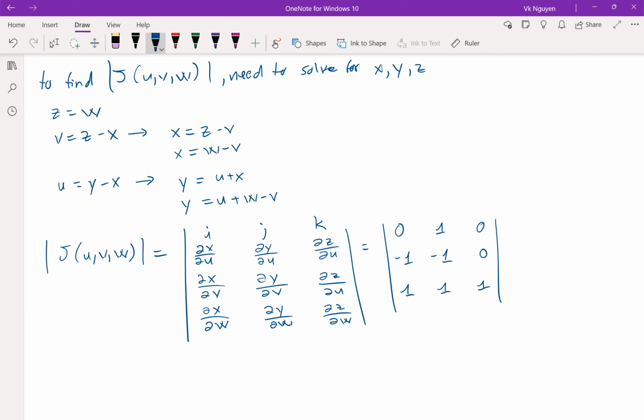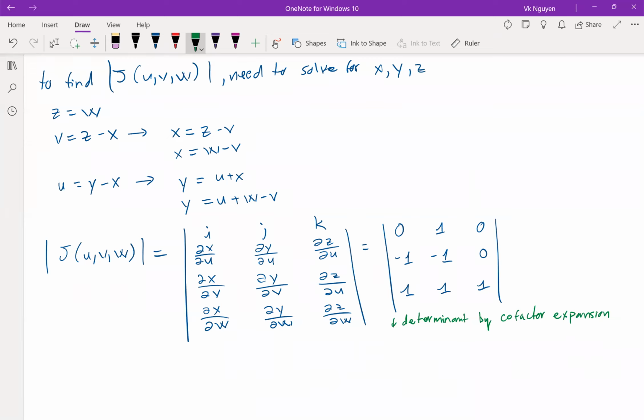There are many ways to find the determinant of a 3x3 matrix, and one of the best ways is the cofactor expansion. Meaning you choose one column or one row to expand.